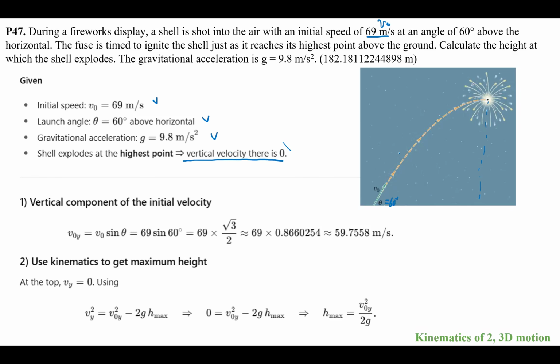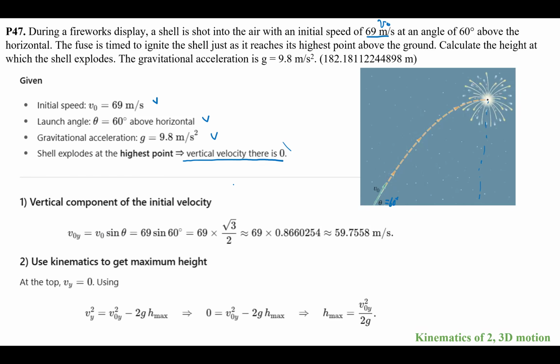And note that because it is under the constant influence of a gravitational force, the velocity will decrease and then go to 0 and then go back to the ground with a negative velocity. So we need to set up the equation for velocity along the vertical direction.